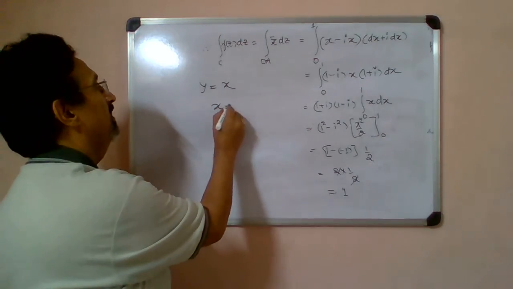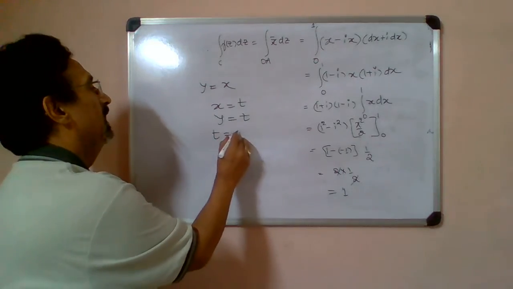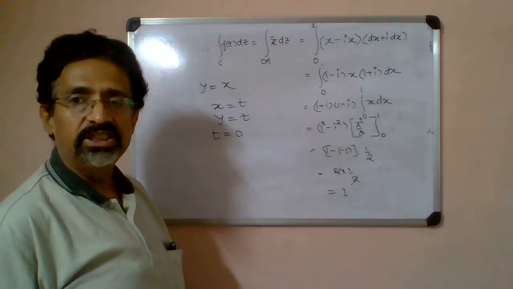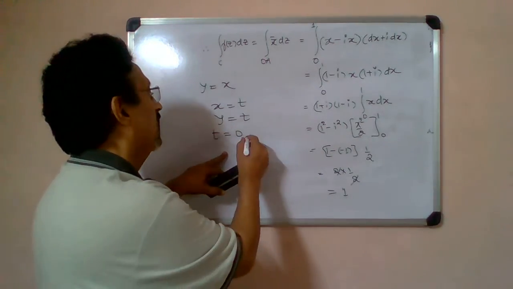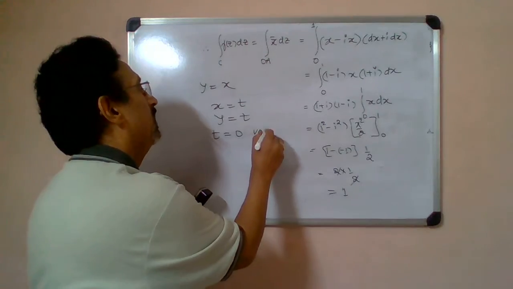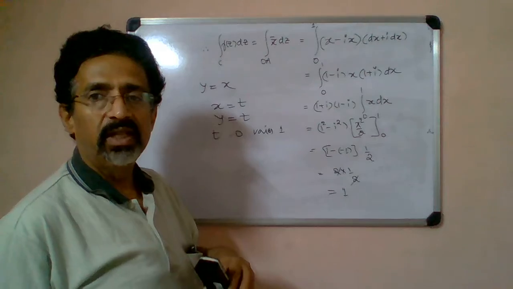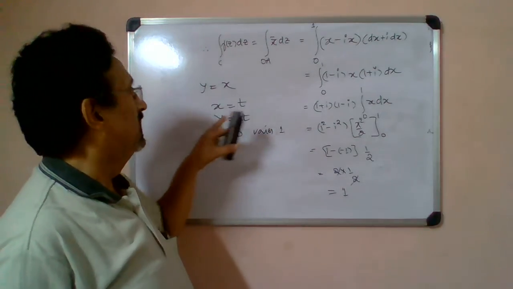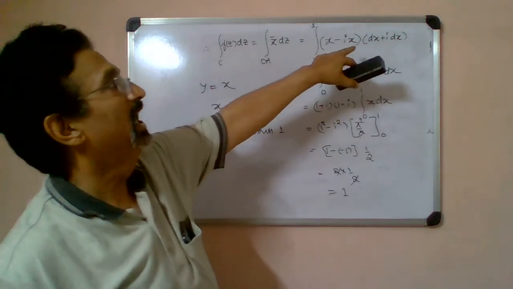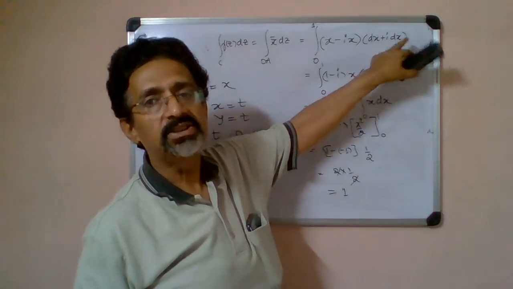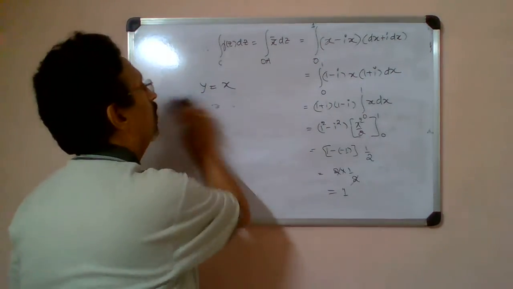Instead of that I can say x is equal to t, y is equal to t, and the least value that t takes is 0, because at O the value of x is 0, also y is 0. The value of t varies from 0 to 1. So that also I would have done. So dx is dt, dy is dt again. So dx plus i times dy becomes dt plus i times dt. I would have used the parametric equations also here.